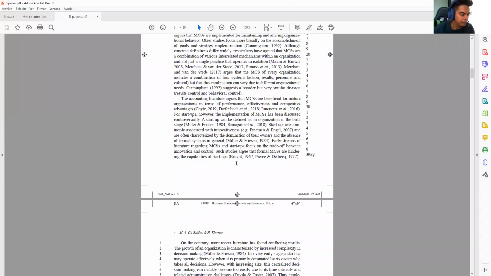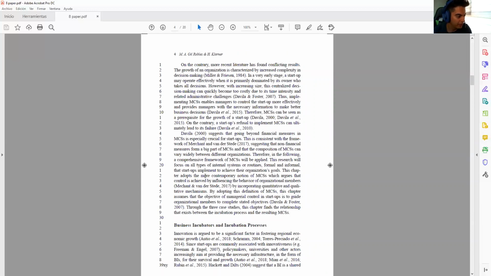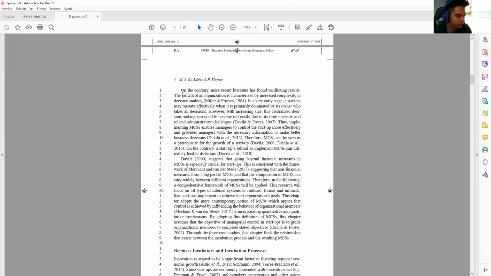And in the end, I think she finishes by more or less problematizing this definition. Yeah, I think here she says that control is not only about financial control, but also behavior control.